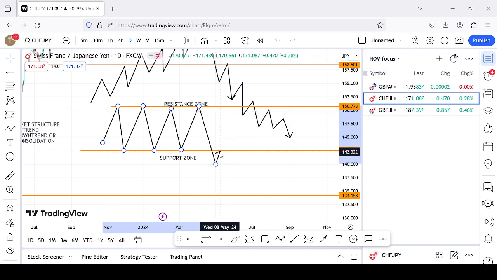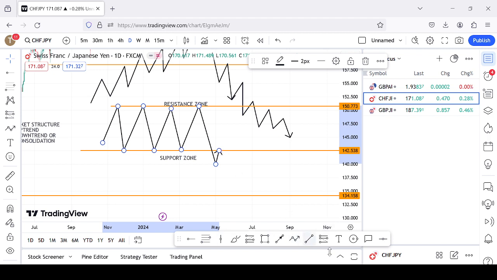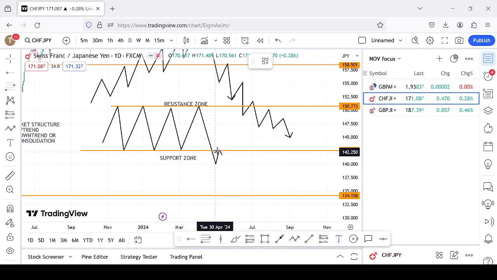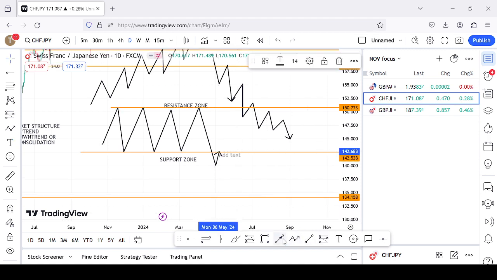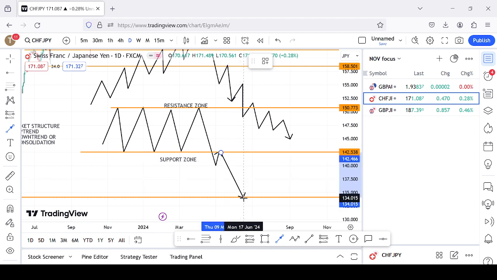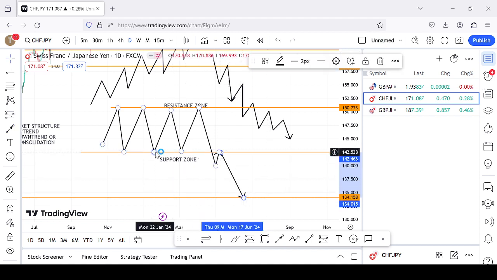If it goes beyond there, it can be a fake out, so we need to be very keen. Retest here and then it will come down. Normally, how we trade this breakout is by measuring the distance from here to where the market has been moving around.